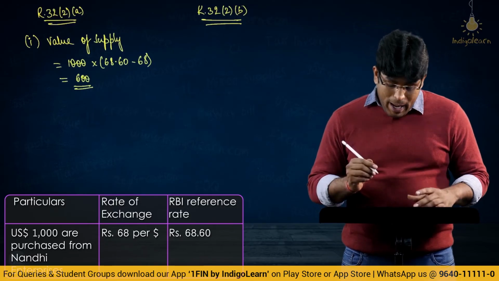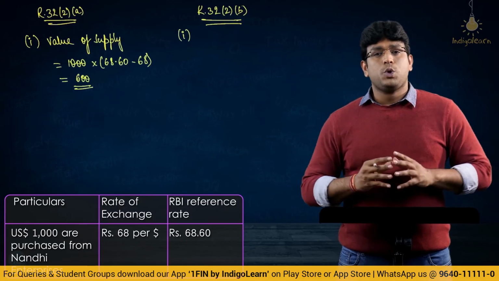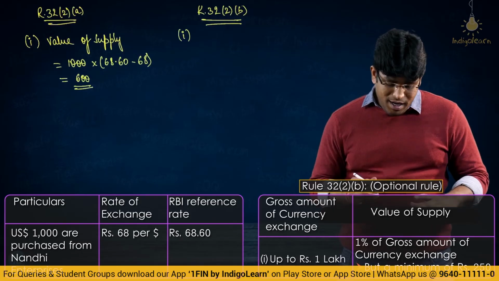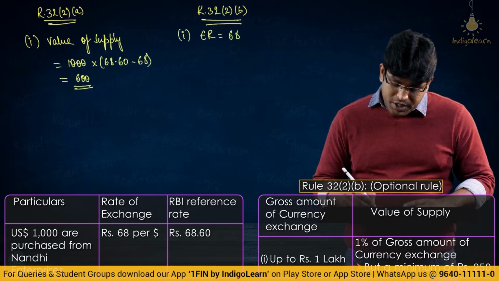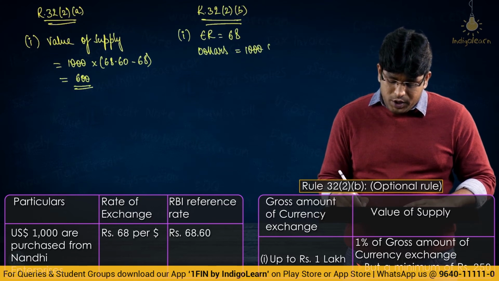Pretty simple. But other side, same scenario, if I look at Rule 32.2b, then the concept is altogether different. Value of supply will be, first of all, what is the exchange rate? Exchange rate is nothing but 68. And the dollars involved are $1,000.